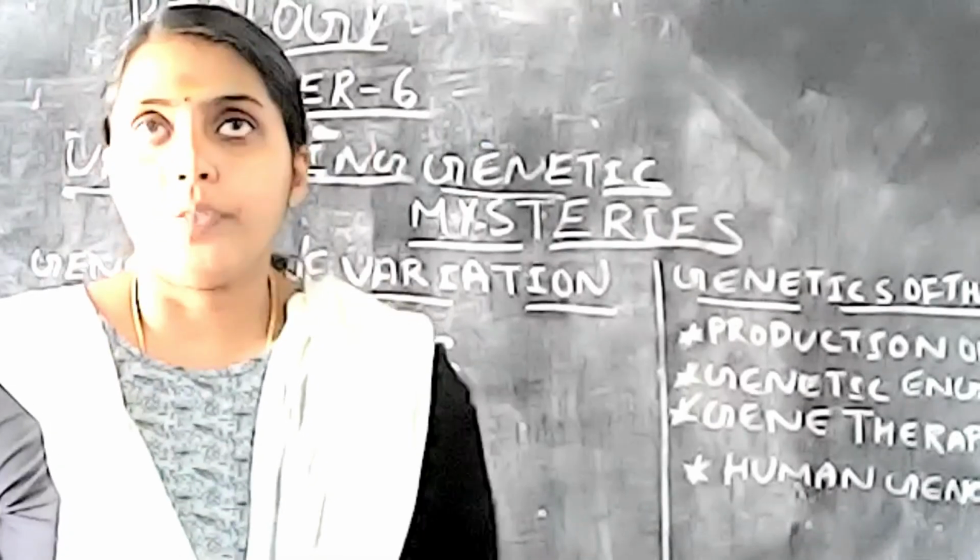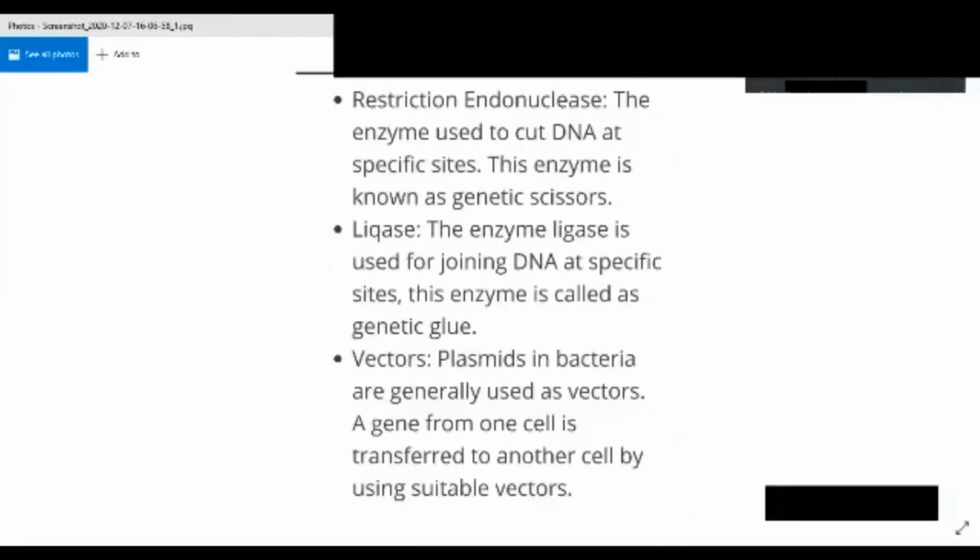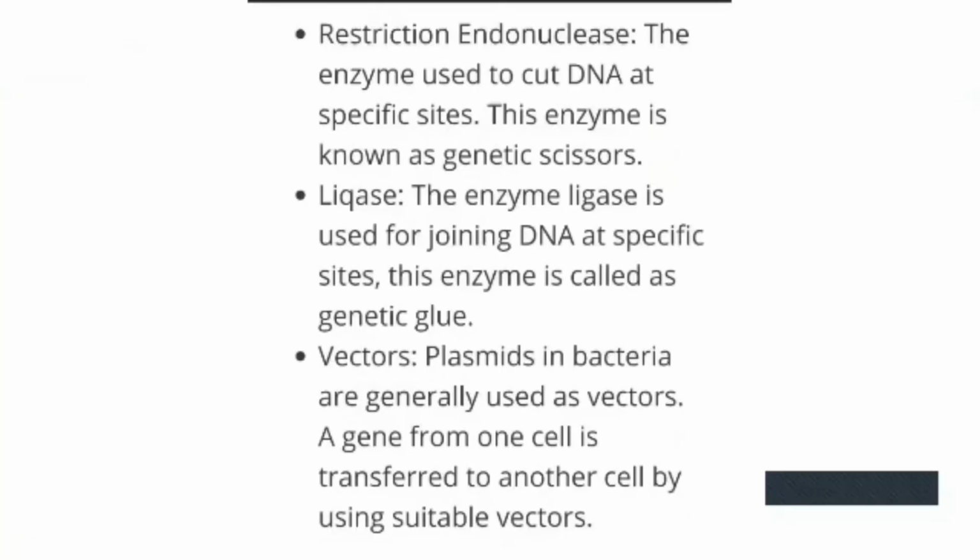That is restriction endonuclease, the enzyme used to cut DNA at a specific site. This enzyme is known as genetic scissors. So keep in mind the genetic scissors is restriction endonuclease. Then the enzyme ligase is used for joining DNA at specific sites.